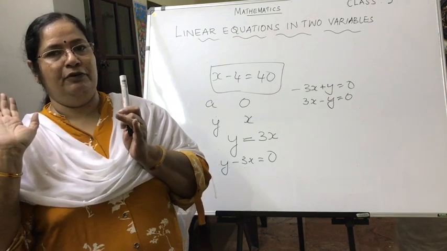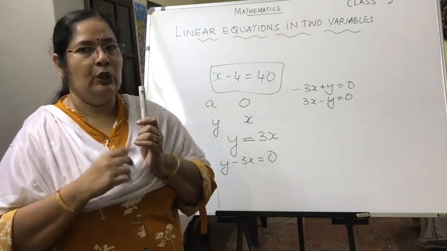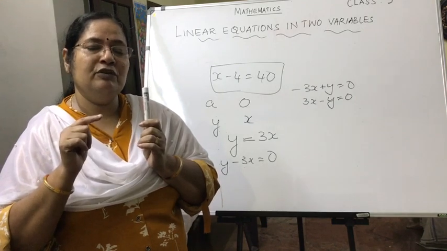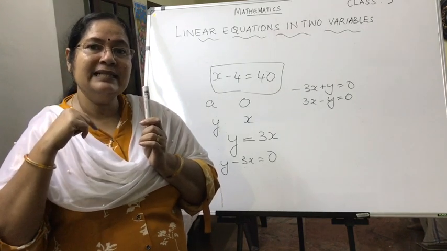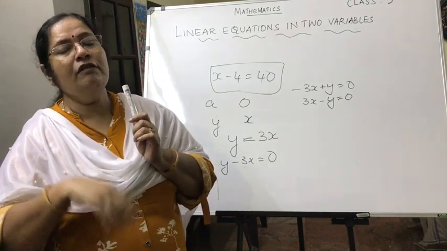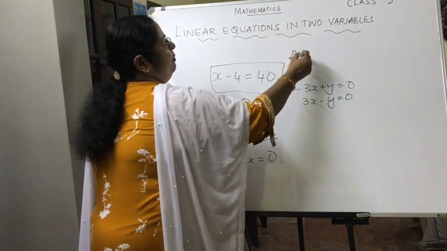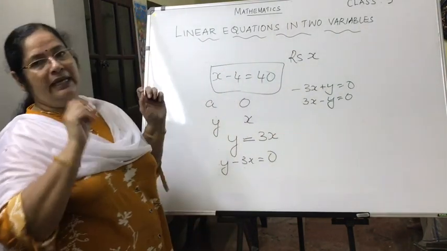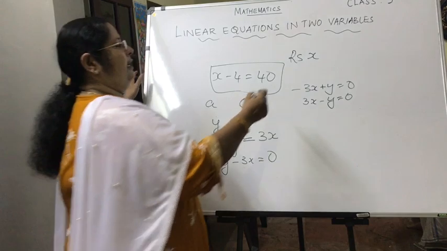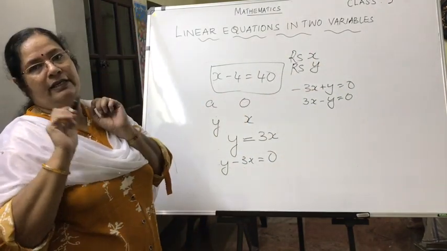Together is 500 rupees. So there, do you know the cost of 1 kg apple? Don't know. So what should you assume? You will assume it as a variable. Let the cost of 1 kg apple be rupees X. Same way, let rupees Y be the cost of 1 kg oranges.